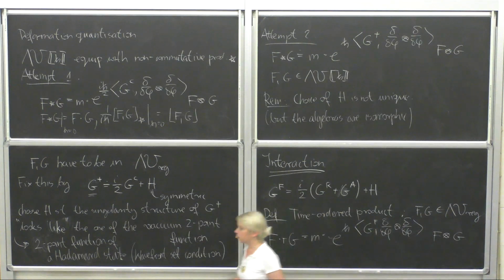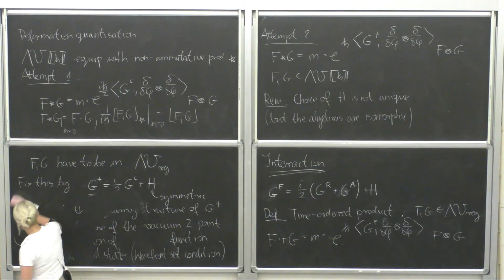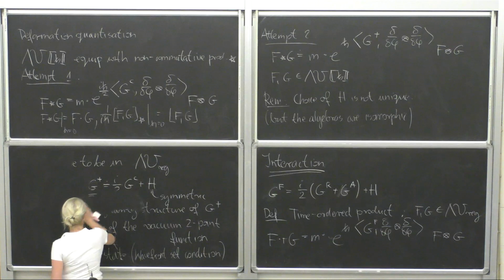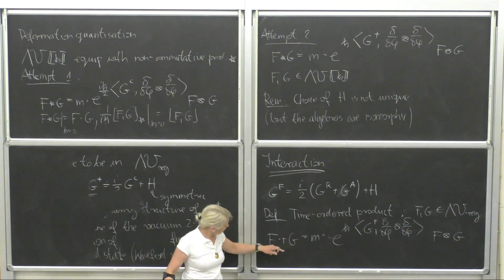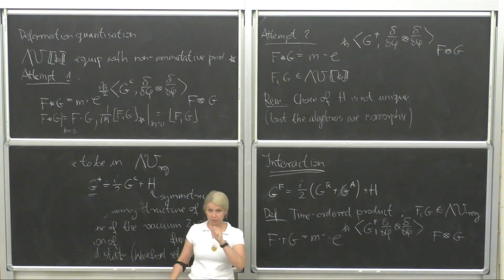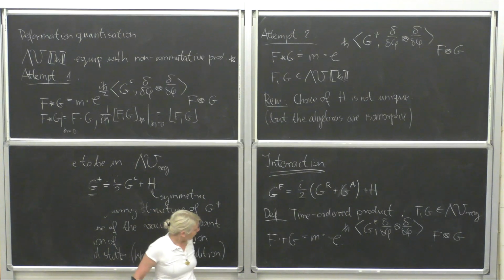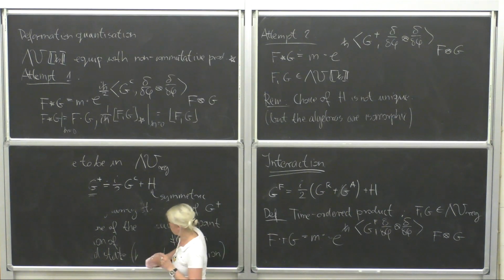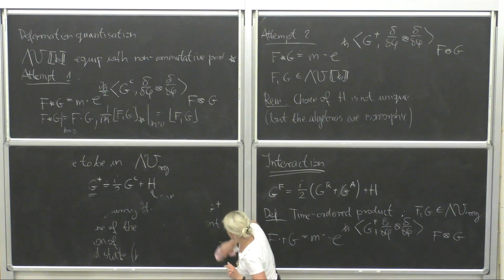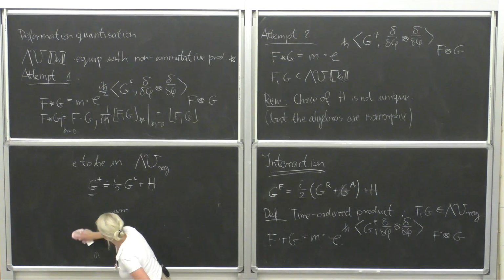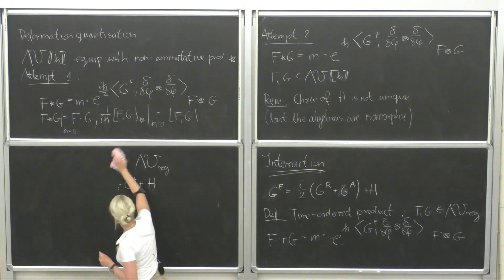Okay. Let's start with the good things. So this product is commutative. It's closely related to both the pointwise product and the star product in different ways.